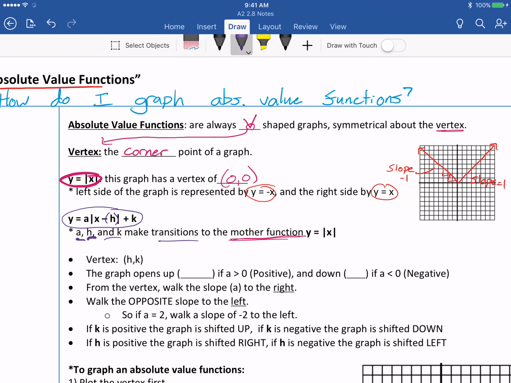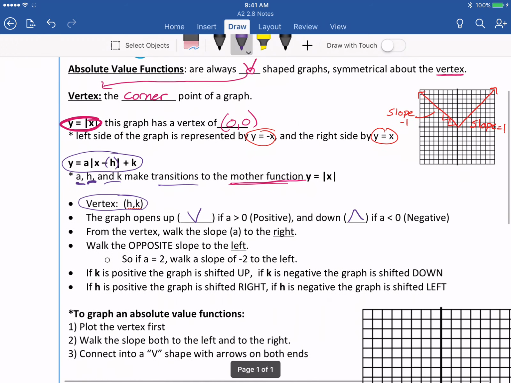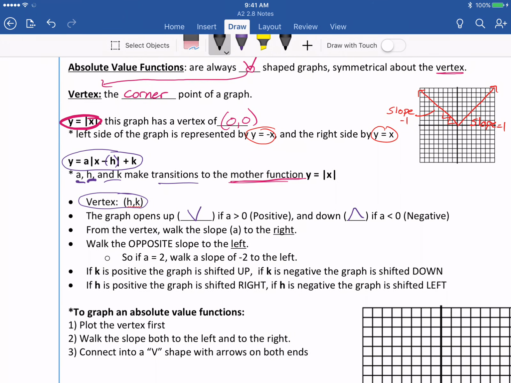All right, so my vertex of this graph here is going to be (h, k). The graph opens up and looks like this if a is positive, and if a is negative, then it opens down and looks like an upside down V. Okay, so all these guys are making transformations to this graph.